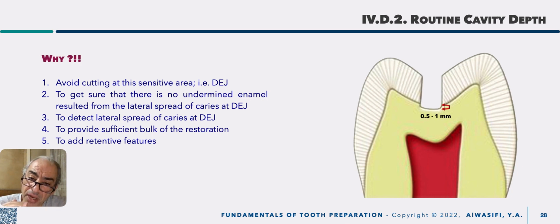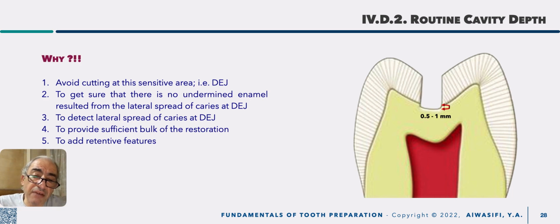You should be beneath the dentino-enamel junction to detect this lateral spread of caries, also to provide sufficient bulk and also to benefit from dentine, as you remember the retentive features, by utilizing dentine either to increase the undercut or to increase the length of walls for frictional grip, the gripping action of viscoelastic vital dentine in case of using gold foil restoration.